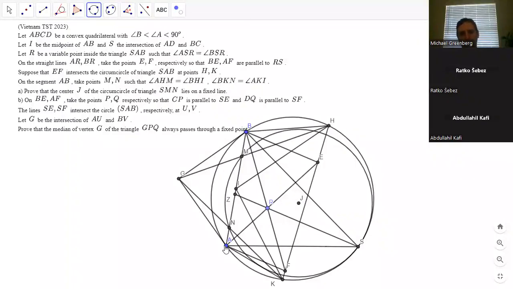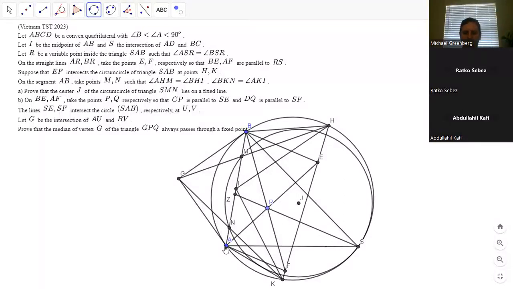And if you combine those, we want to show that that's BS over AS squared or something like that.